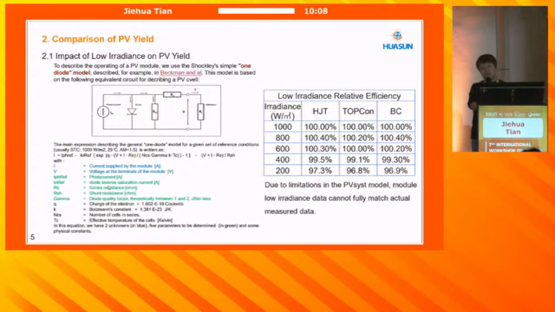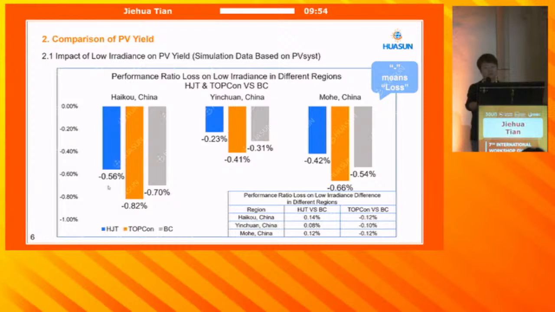Due to limitations in the PVsyst model, the low irradiance data in the PAN file cannot fully match actual test data. We choose 3 areas to simulate based on PVsyst. The figures show the performance ratio loss for the 3 modules. We can see IGT has the least loss, followed by BC. TOPCon has the most loss.